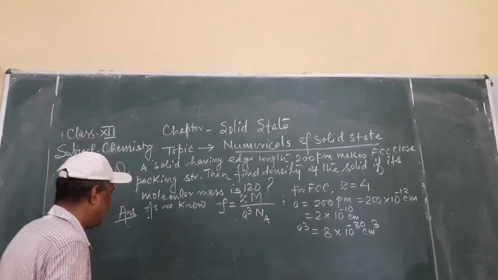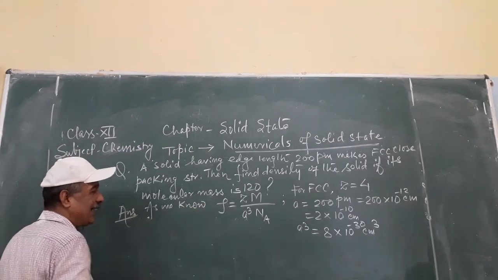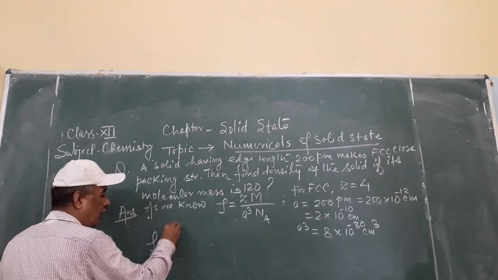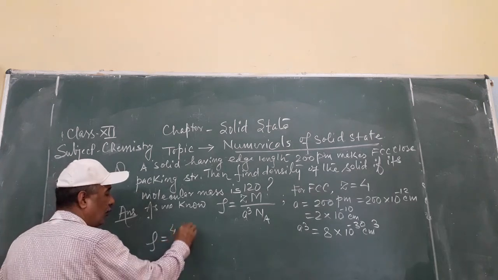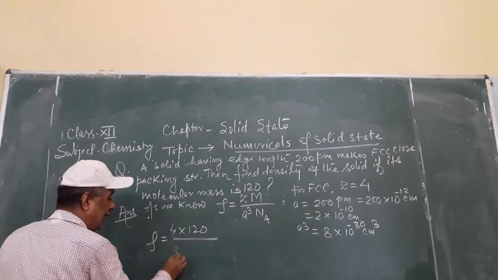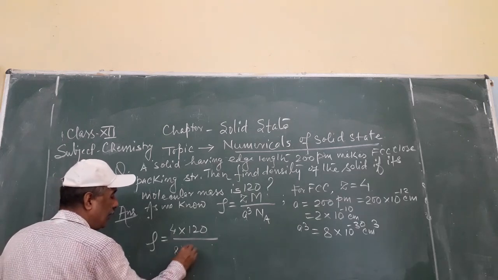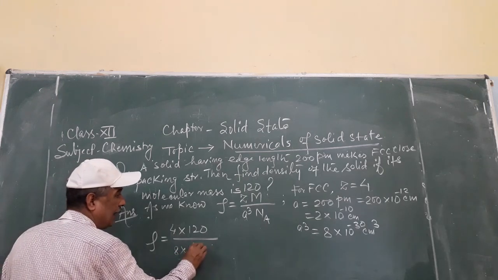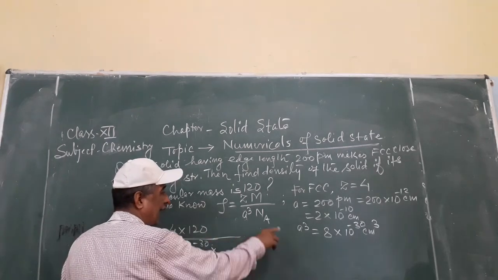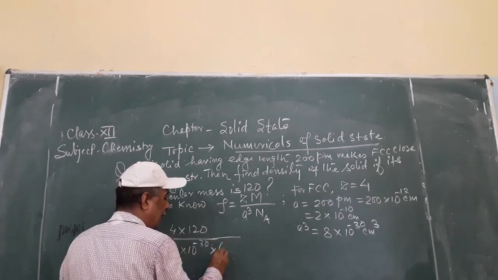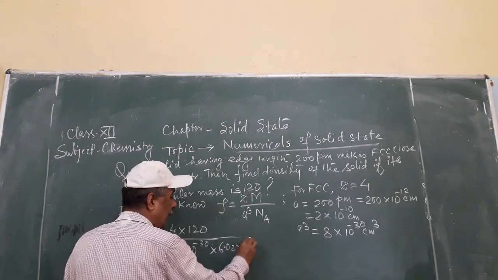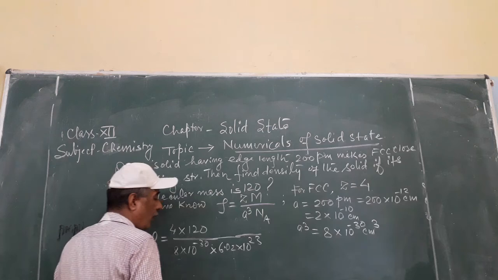And then placing all these in this formula, rho is equal to 4 into 120 upon 8 into 10 to the power minus 30 into NA, having actual number 6.02 into 10 to the power 23.